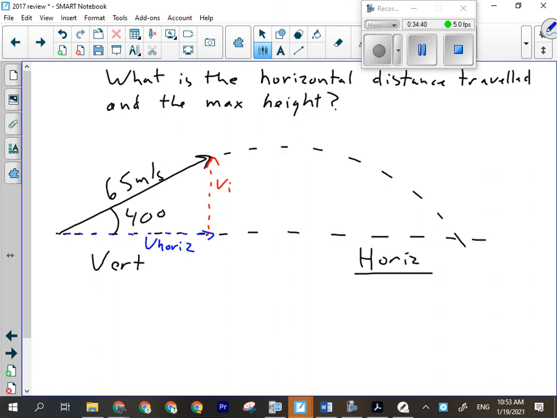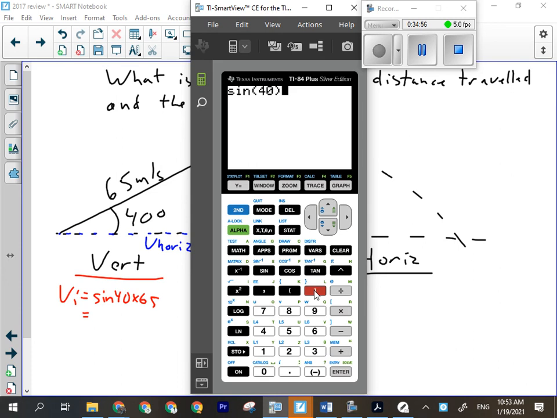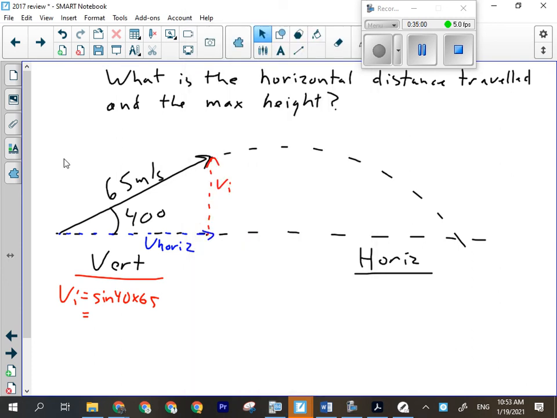All right, so I've got to calculate those things. I'm going to calculate VI. It's the opposite side, so it'll be the sine of 40 times 65. Okay, so 41.78 meters per second, and that's positive.